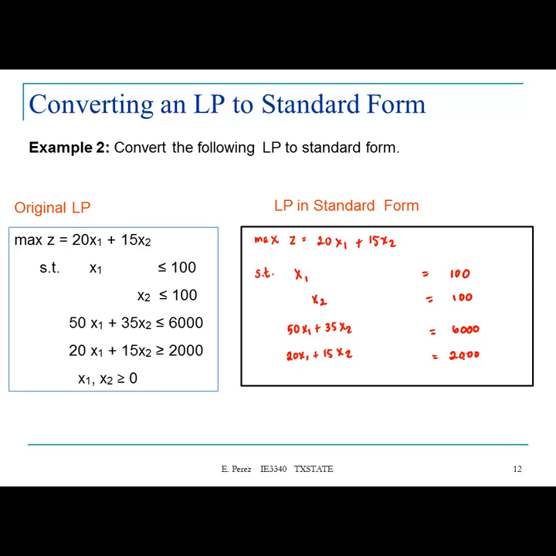Something that you need to remember is that you're going to use a different slack variable for each constraint. So in this case we have 3. We need 1 for the first one, it's 1. 1 for the second one is 2, and 1 for the third one is 3. And then we have minus the excess variable 1.